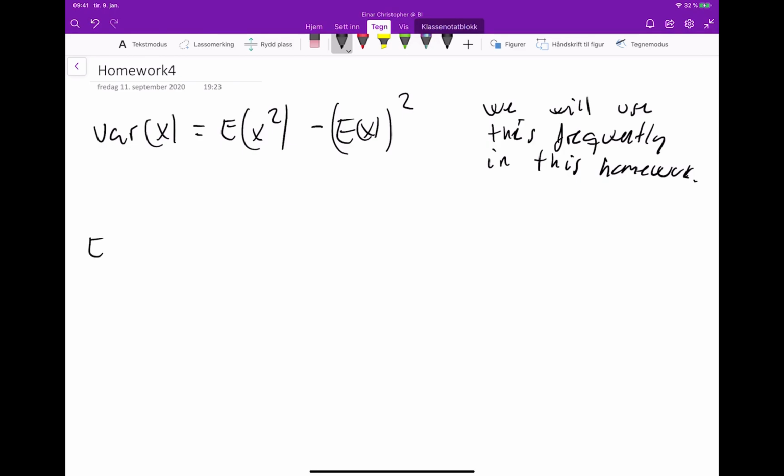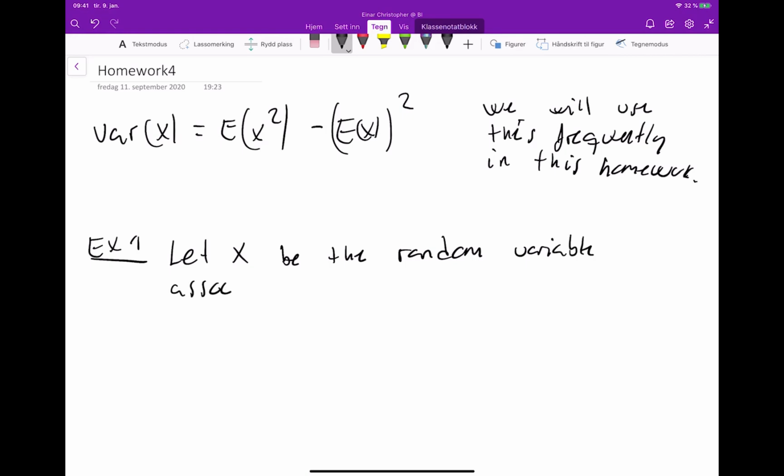Okay, let's do exercise 1 and let x be the random variable associated with a coin flip, in the sense that x is equal 0 if tail and 1 if head.